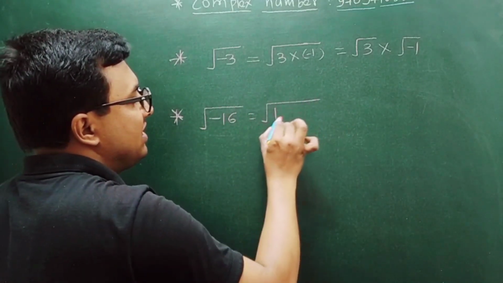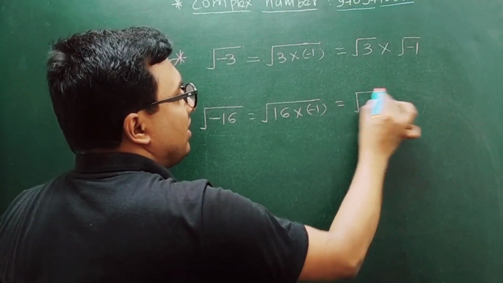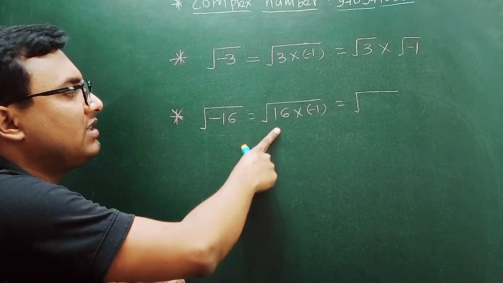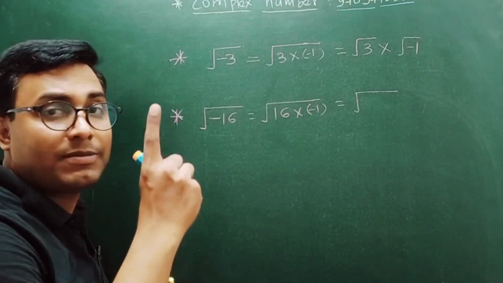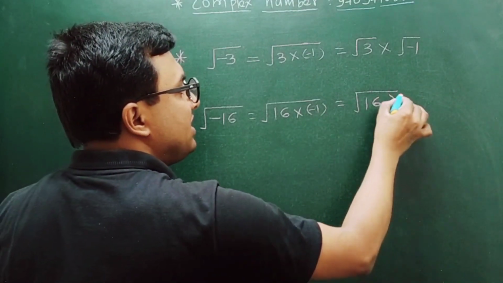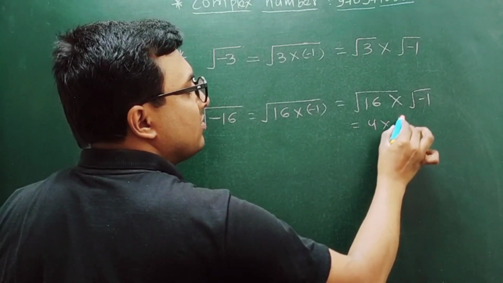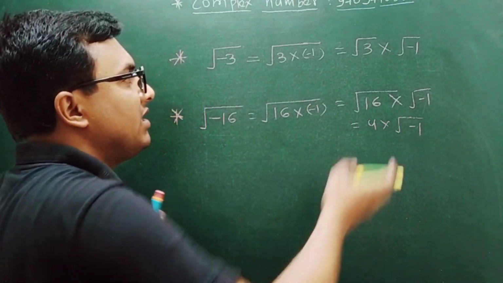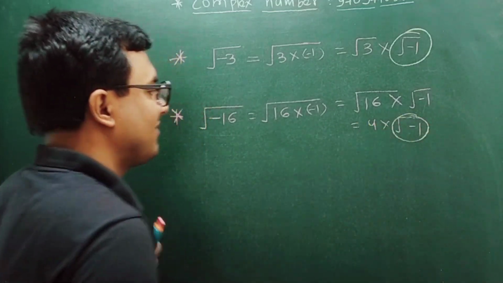That means 16 into minus 1. 16 is positive and minus 1 is negative, so at least one number is positive. We can write root under 16 and root under minus 1. We get 4 into root under minus 1. See, in both cases we get root under minus 1.